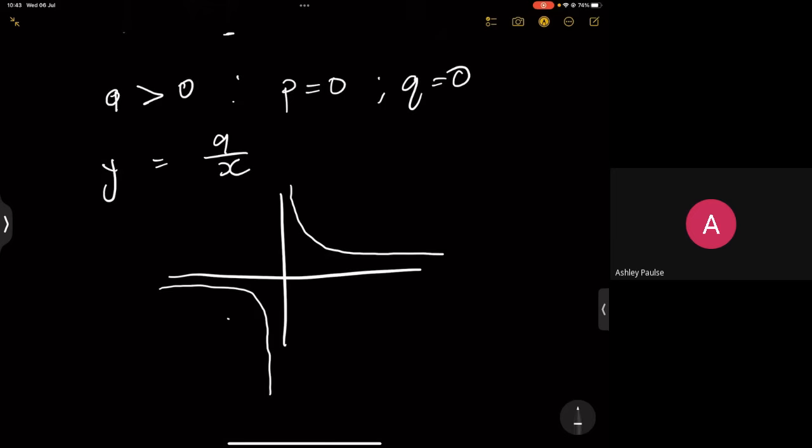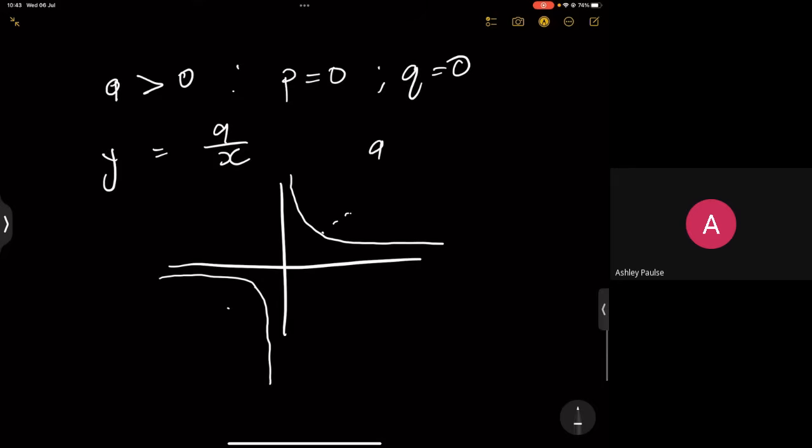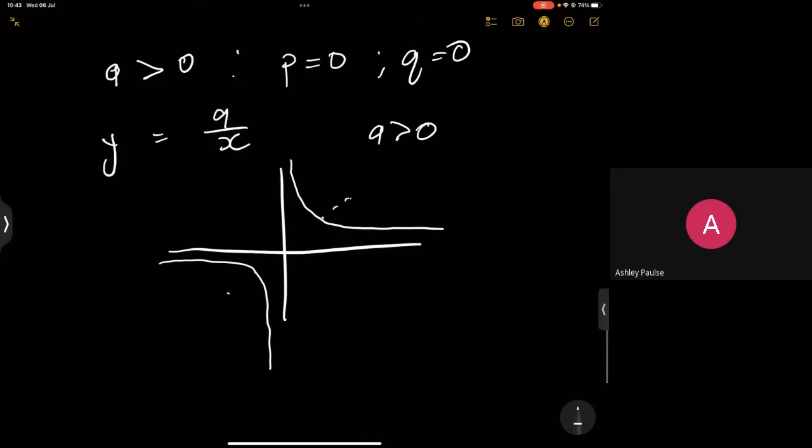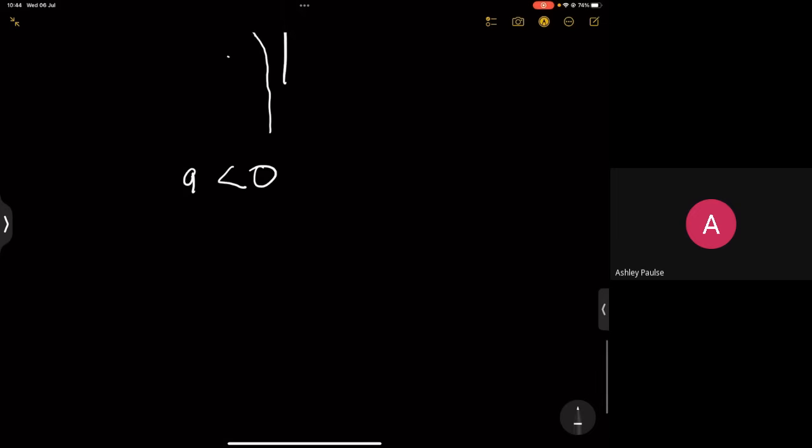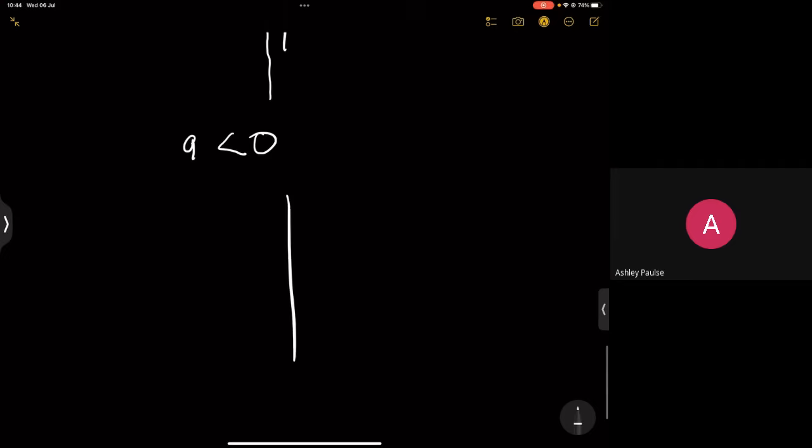So your x is positive, y positive there in the first, and you've got both y and x being negative here. So this is when a is greater than 0. But when we've got a that is less than 0 for the hyperbola, we find ourselves with a hyperbola that will be in the second quadrant as well as in the fourth quadrant.